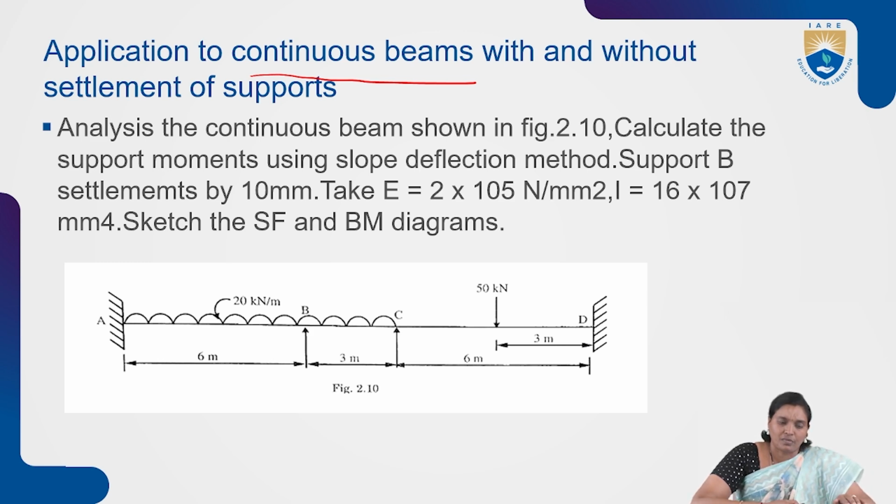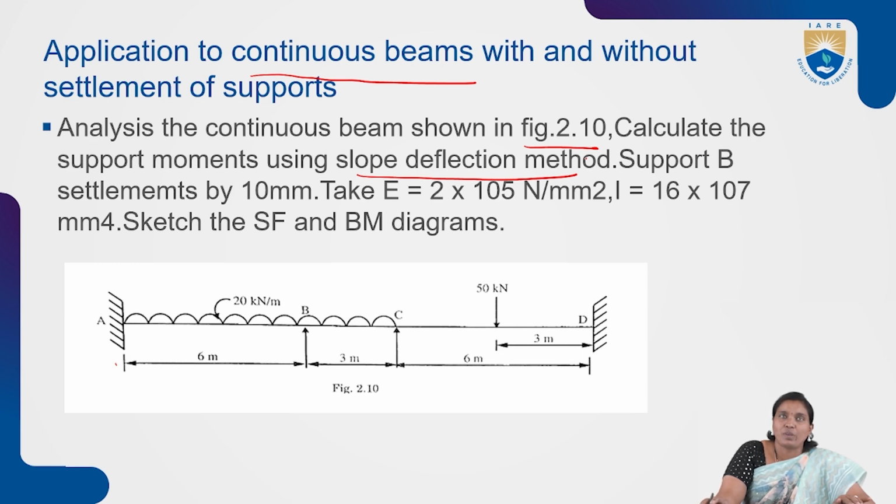Here the problem: analyse the continuous beam shown in the figure. As shown, this continuous beam has 4 supports. A and D are fixed ones, B and C are simply supported ones. According to this, we are going to calculate the moments using the slope deflection method.